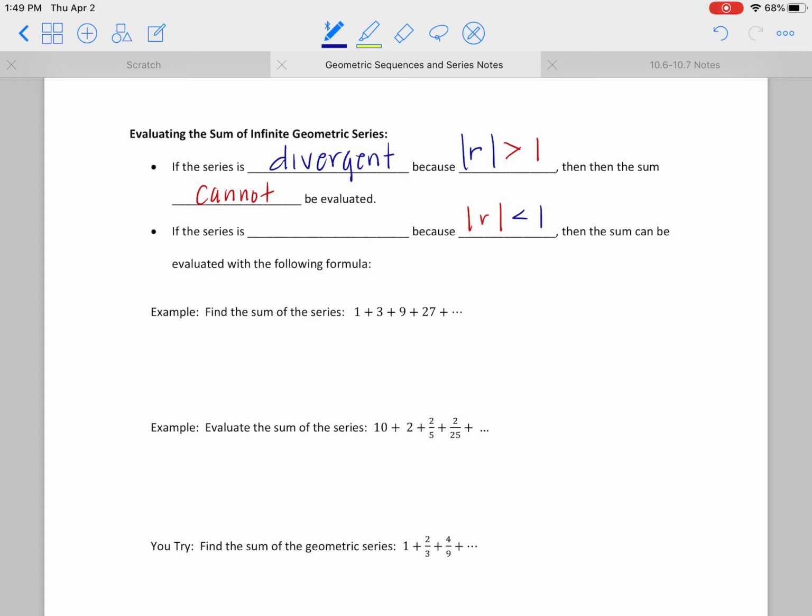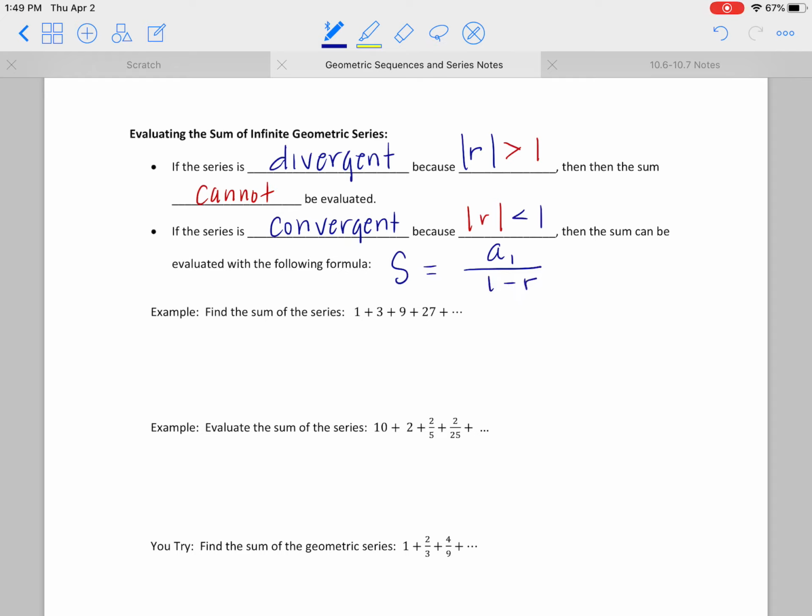Now, if it's the other way, if the absolute value of our common ratio is less than 1, so this is where we're dividing our number down, or multiplying by some fractional amount, then the fractional amount that we add doesn't affect the sum as we go farther and farther down the list. So that's what we call a convergent series. And if we have one of those, then we have a formula. It says the sum, and there's no subscript here because there isn't a number of terms.